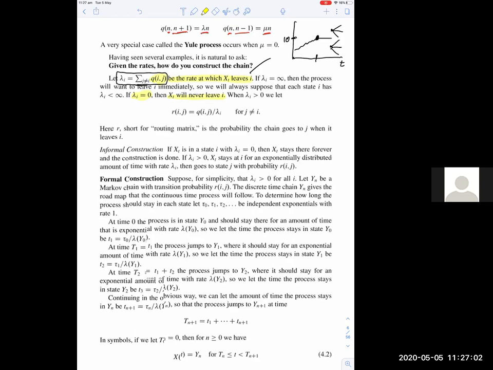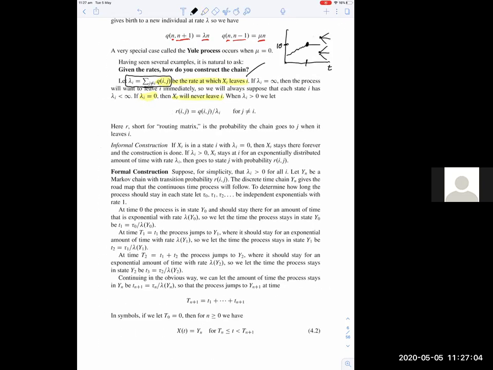And then you can build from that a probability. You call this probability R_ij. That's the ratio of q_ij and lambda_i, where lambda_i was the sum of all of the rates.